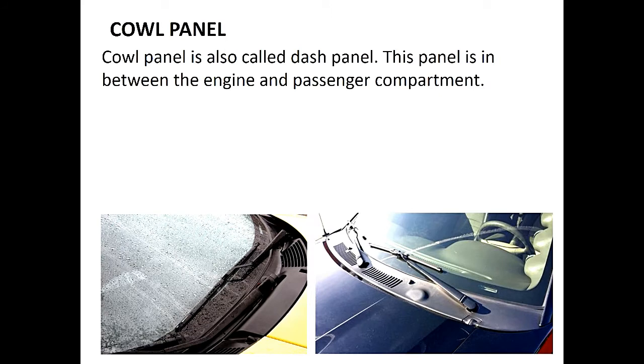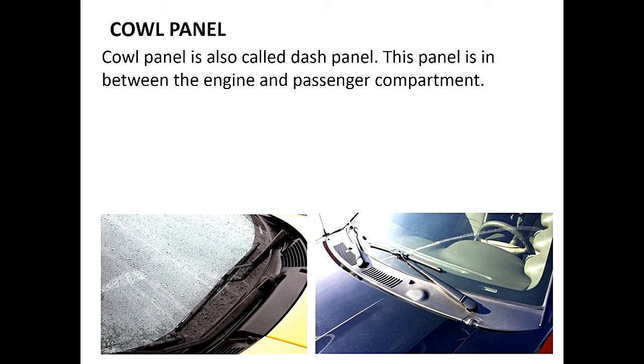The cowl panel. Cowl panel is also called the dash panel. This panel is in between the engine and passenger compartment. It is actually a hidden panel.